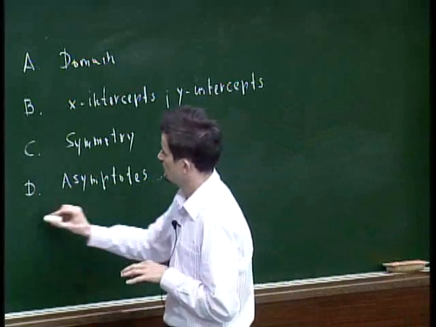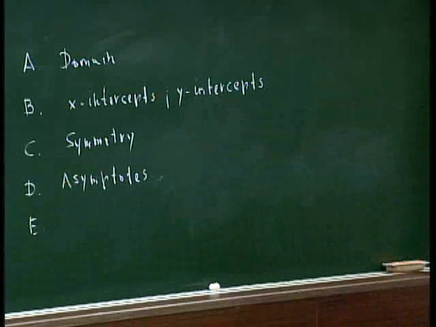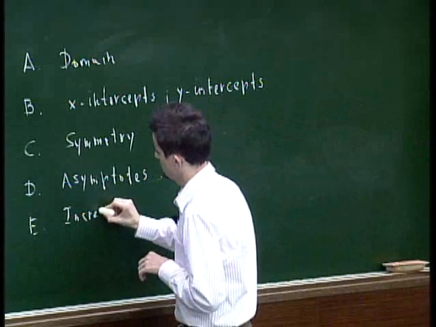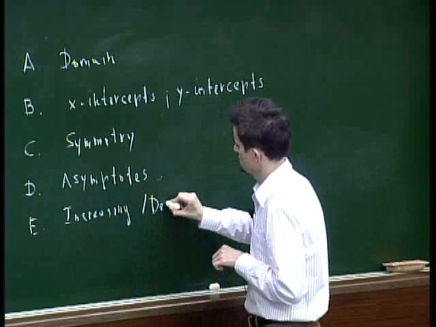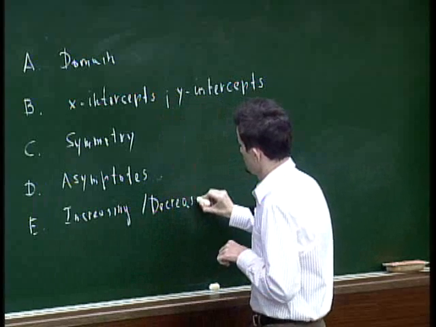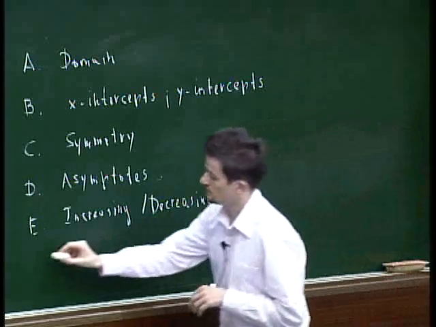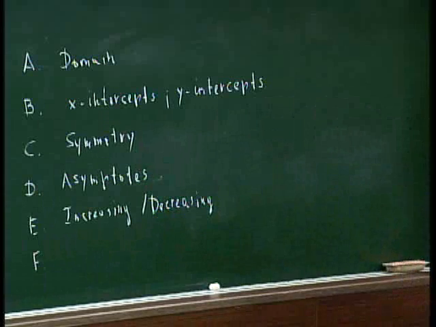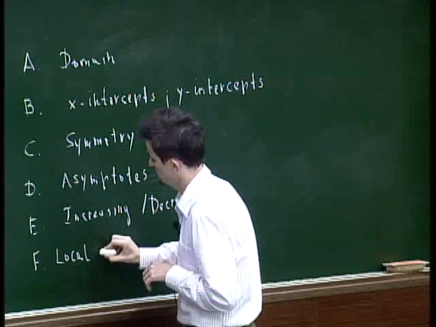And then what we do next is compute the first derivative, which helps us clarify the behavior of increasing and decreasing. Once we know the increasing and decreasing behavior of the function, we normally know everything about local extrema, which is the next point.